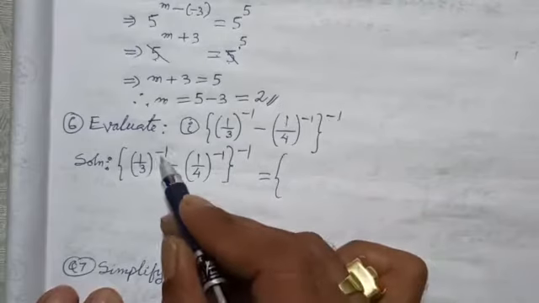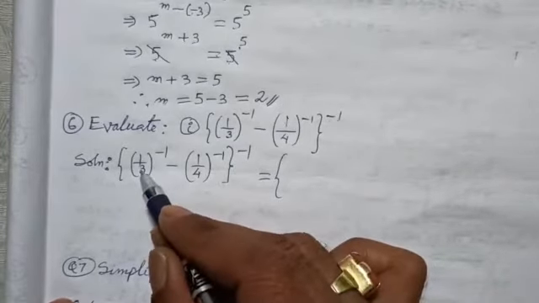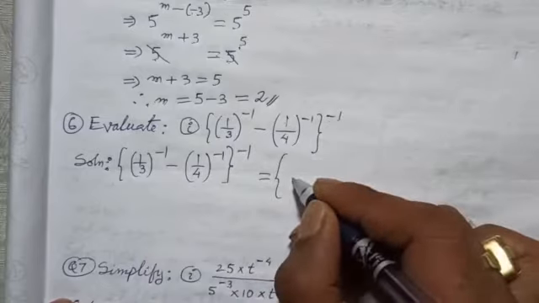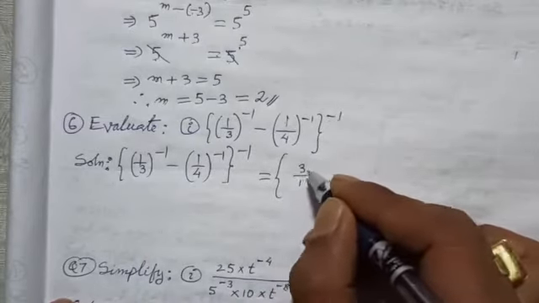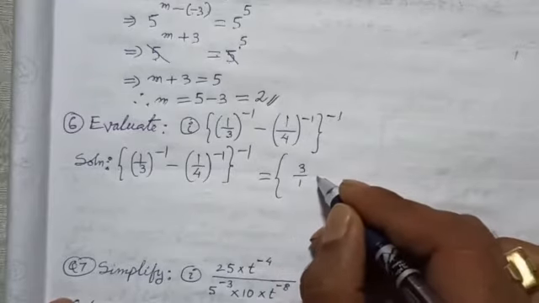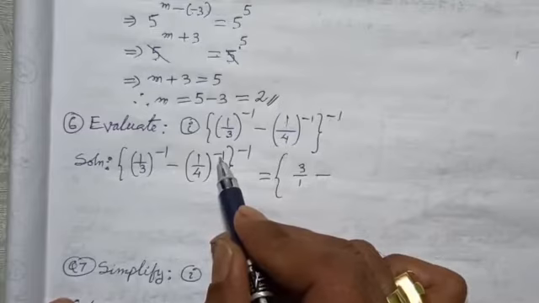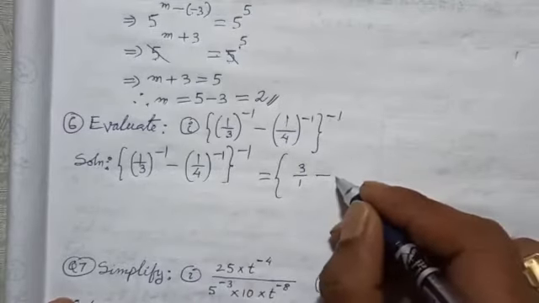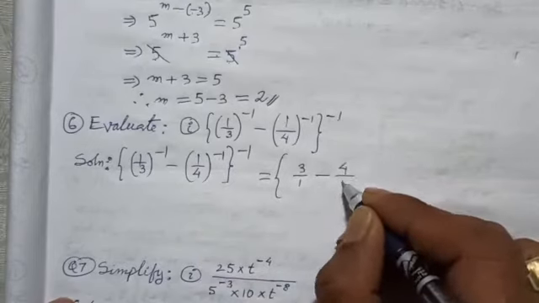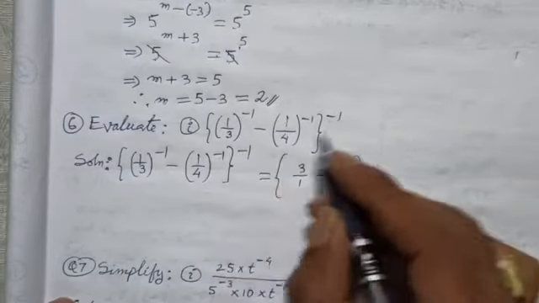If there is a minus sign in the power, this 1 and 3 we can interchange the numerator and denominator, then we can write 3 by 1 minus, if there is a minus sign in the power, we can leave this minus sign from the power, then 1 and 4 are interchanged, then we can write 4 by 1, and again here is power minus 1.